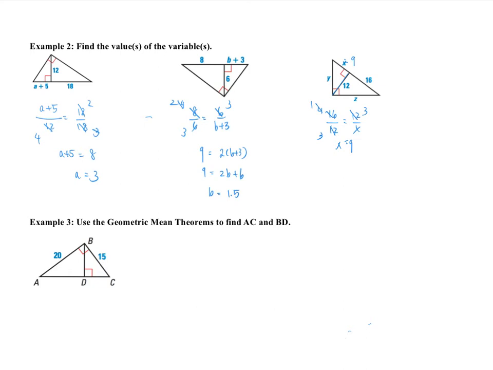And now that you know x equals 9, the hypotenuse of the biggest triangle will be 25. And then I can use the geometric leg theorem to find y and z. So let me do y first. That will be 25 to y, and then y to 9.